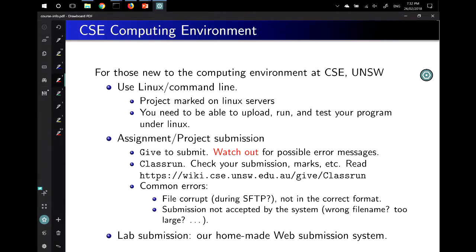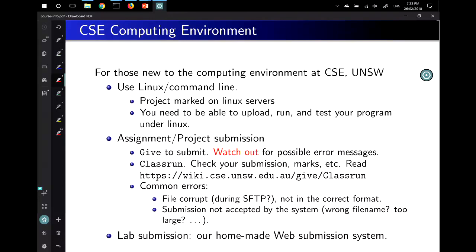The more traditional way is to upload the file into your CSE account and then open up a console window. You can do this at home using an SSH client, and you can submit it to the system.